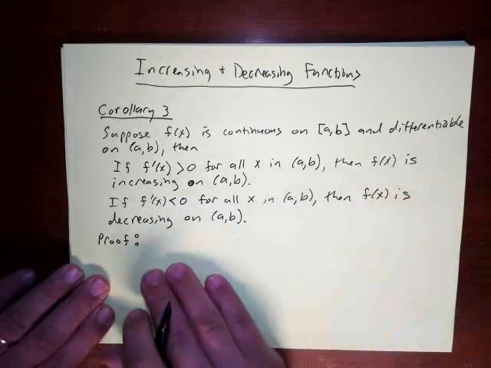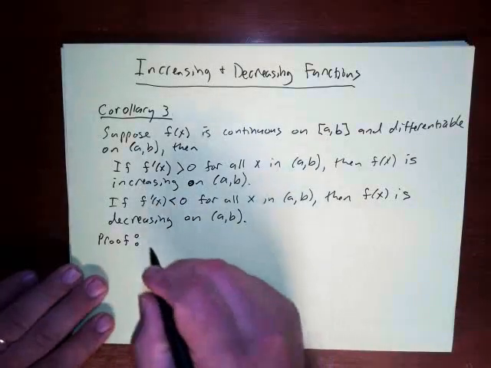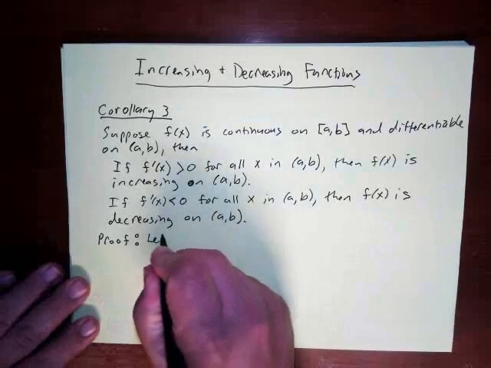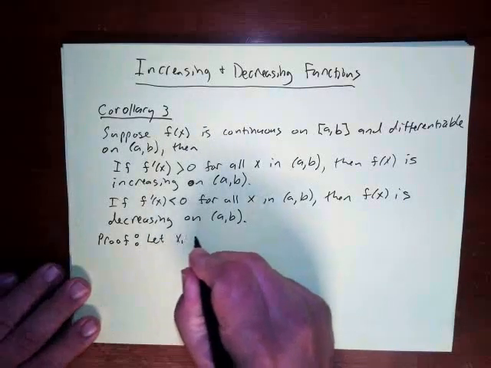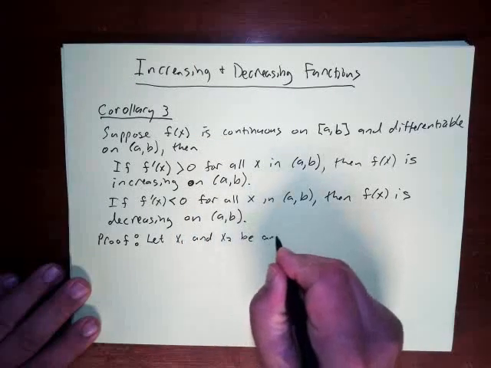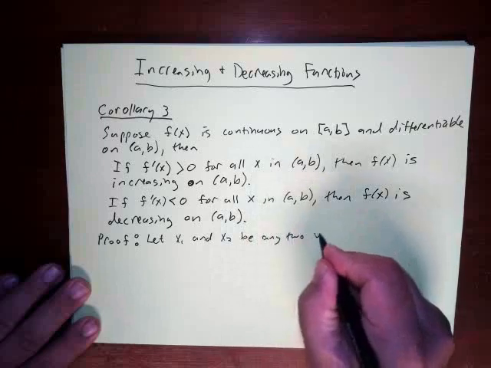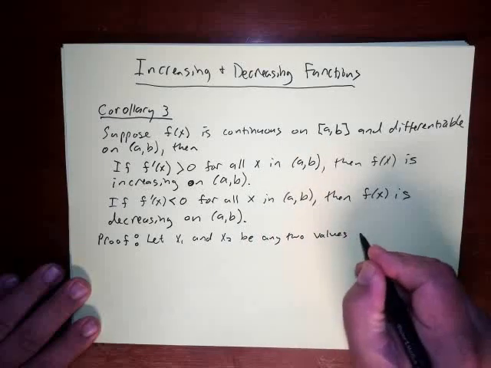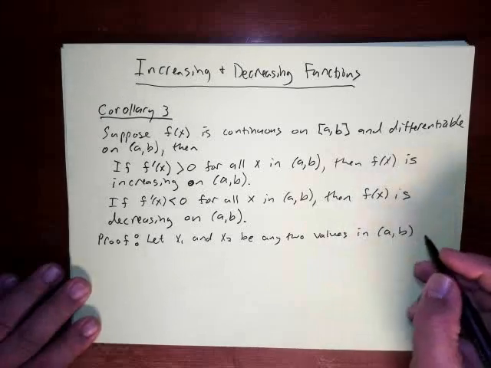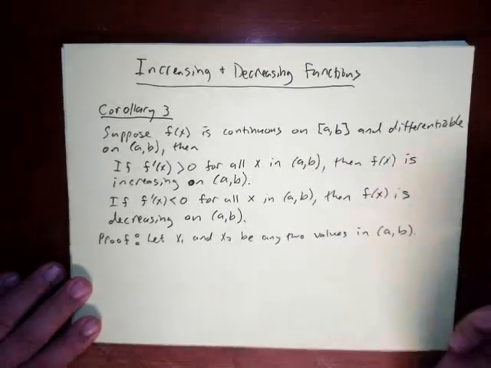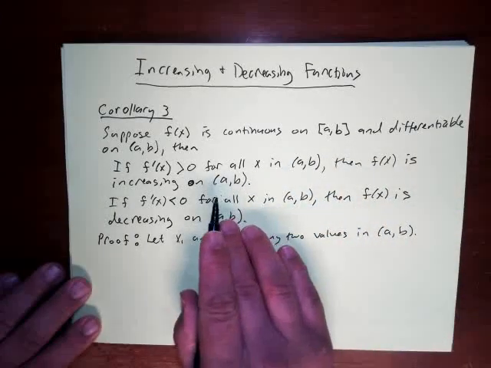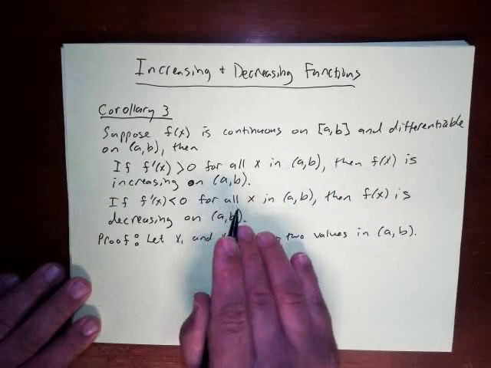Let me show you how this would be proved using the mean value theorem. We're going to let x1 and x2 be any two values in the interval. We're just randomly taking any two values. What I want to do is show that it's either increasing or decreasing.